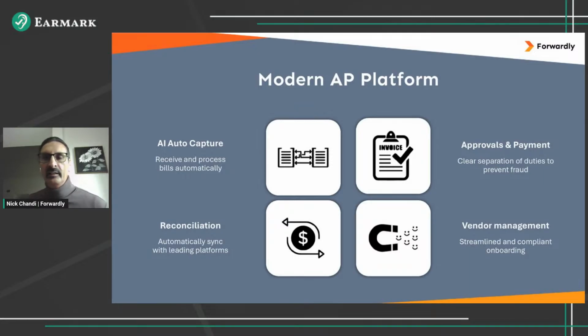And you will have a streamlined approval process that works for that specific customer. One important thing about approval is that clear separation of duties is very important to prevent fraud, and it's going to protect the client. It's going to save the business as well.